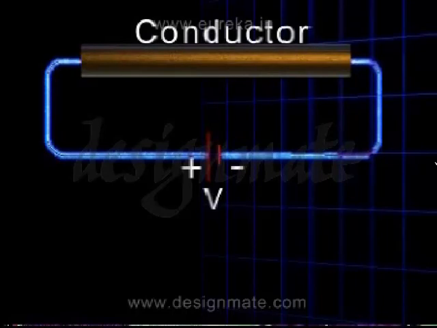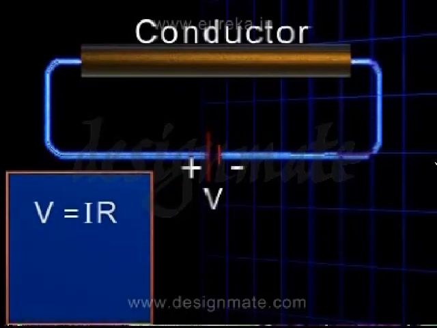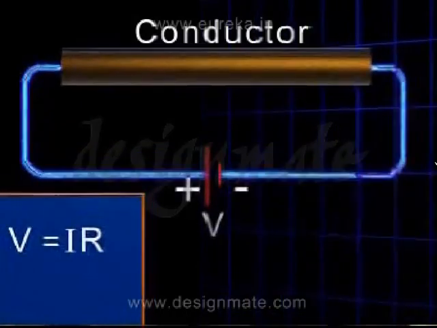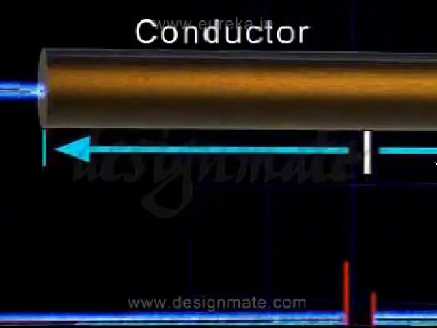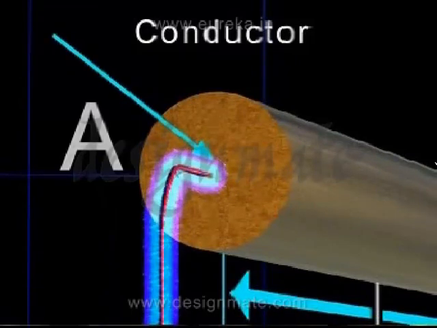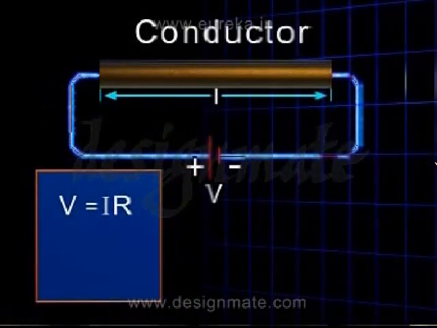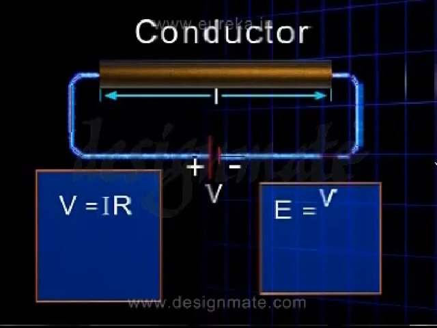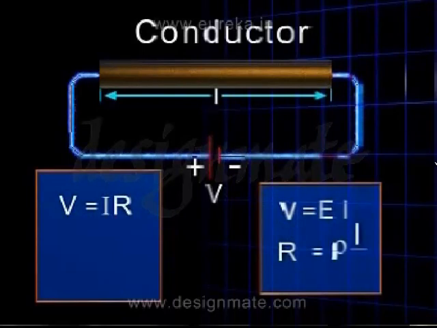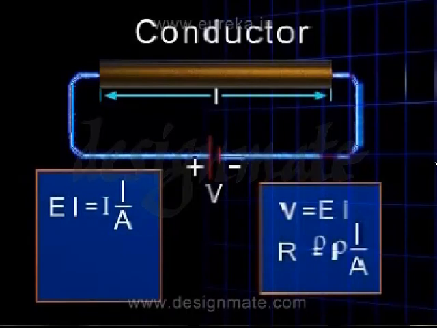Returning to Ohm's law, V is equal to I into R. If the voltage V is applied to a conductor of length L and cross-section of area A, the electric field strength is E is equal to V upon L. Therefore, V is equal to E into L. We have R is equal to rho into L upon A. Using this equation, we get E L is equal to I into L upon A into rho.